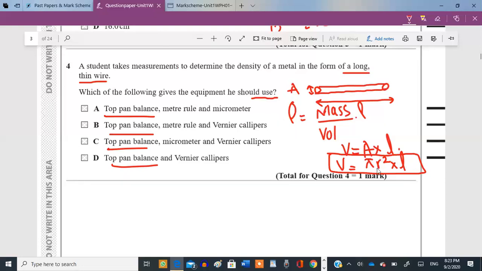So this is a radius, and this is a radius. To calculate the radius or diameter, we either use a vernier caliper or a micrometer screw gauge, right? But since in the question they told us that it's a thin wire, for a thin wire we use micrometer screw gauge. So option A is the best choice.